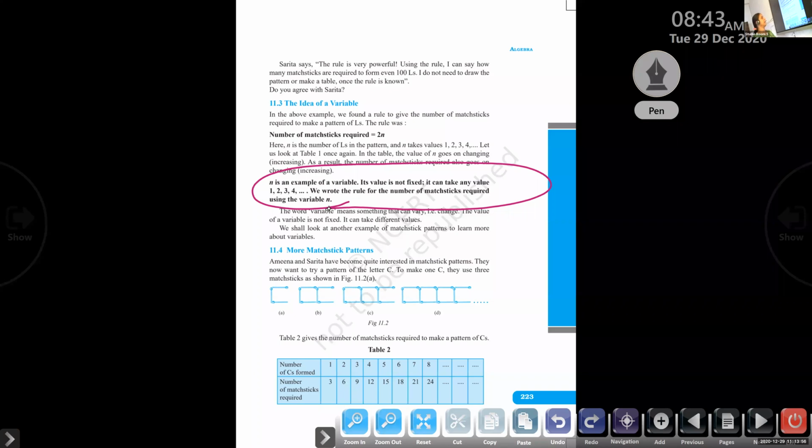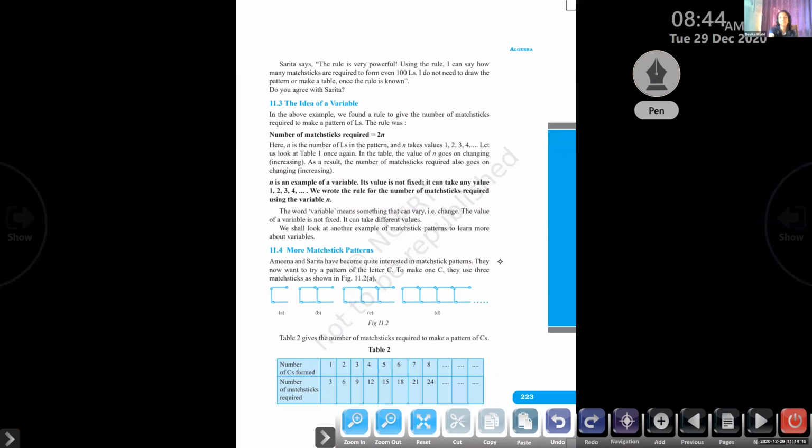Its value changes. It can take any value, 1, 2, 3, 4, etc. So we wrote the rule for the number of matches required using the variable N. Do you have your notes with you?